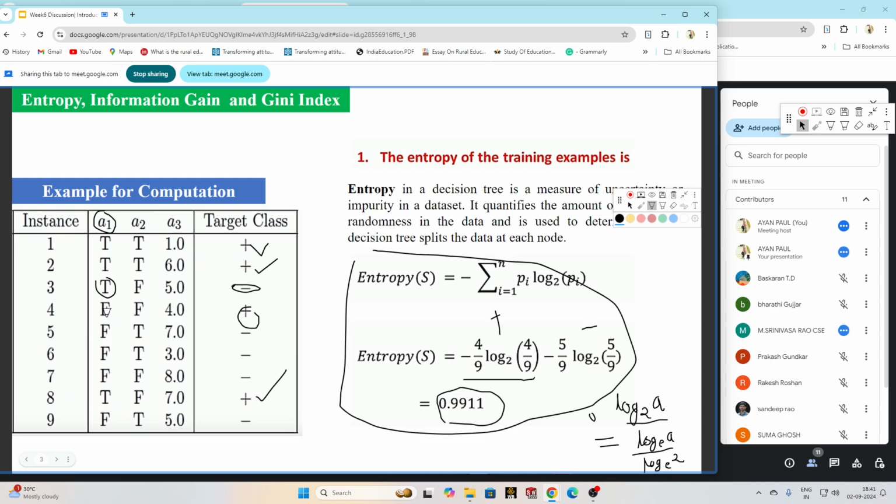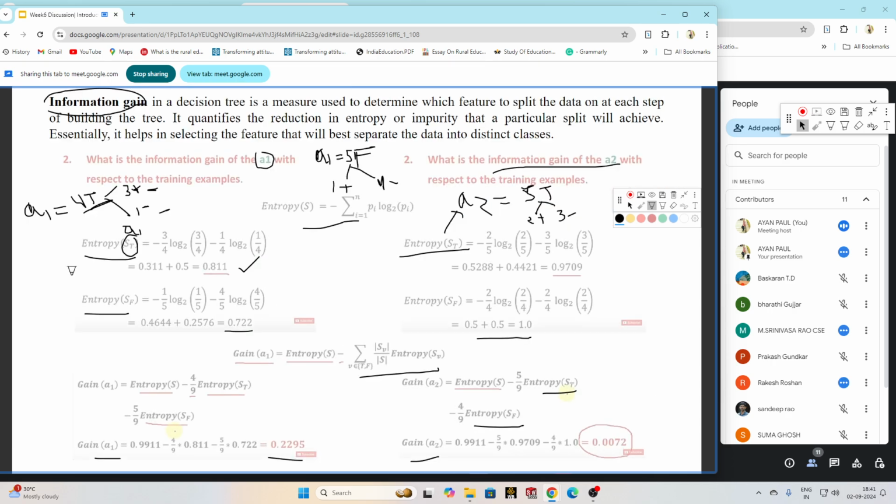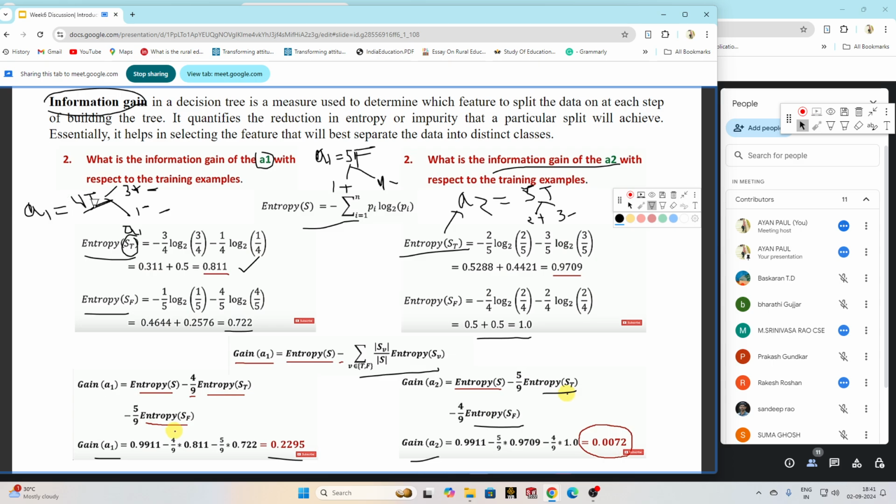This is clear, right? Now if I see only the true examples, we have 4 true examples, but out of those 4 we get a positive prediction in 3 examples, and in one example we get a negative prediction. That is what I have written here. For A1 we have 4 true examples; in those, 3 give a positive prediction and 1 gives a negative prediction.